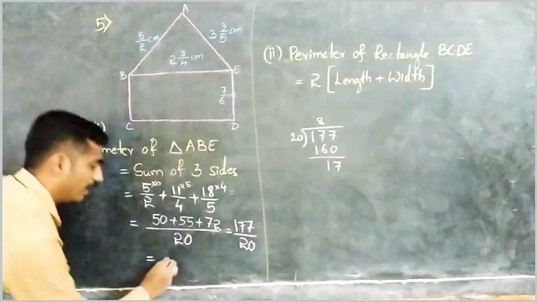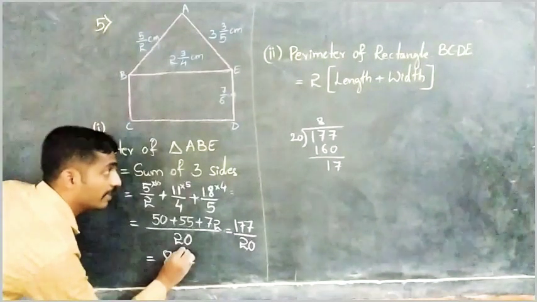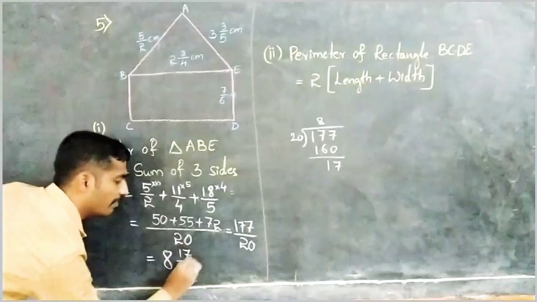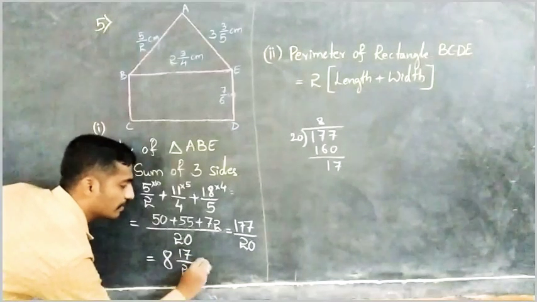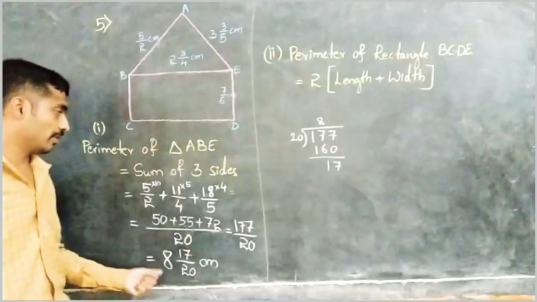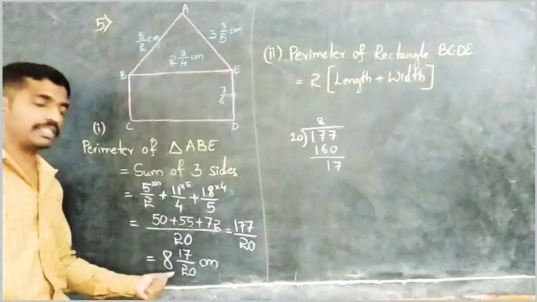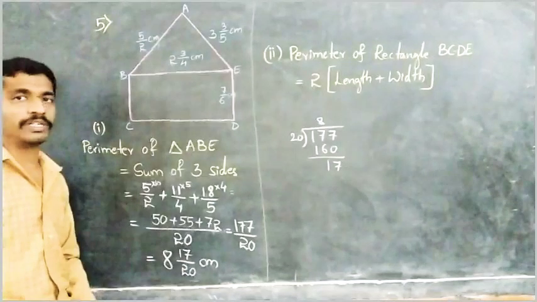So it will be 8 integer 17 by 20 centimeter. So the perimeter of triangle ABE is 8 integer 17 by 20.